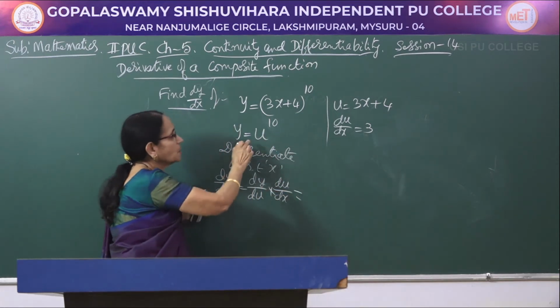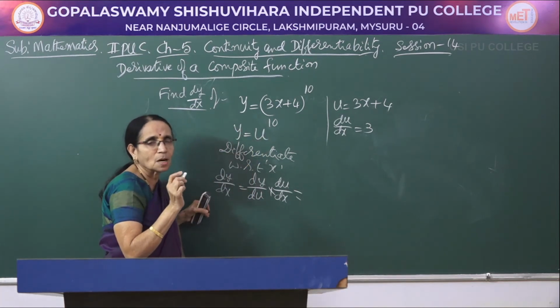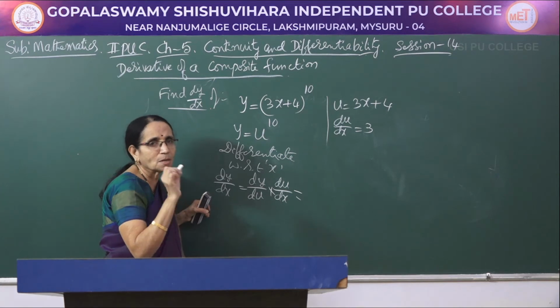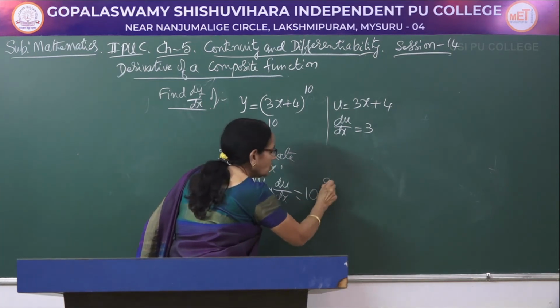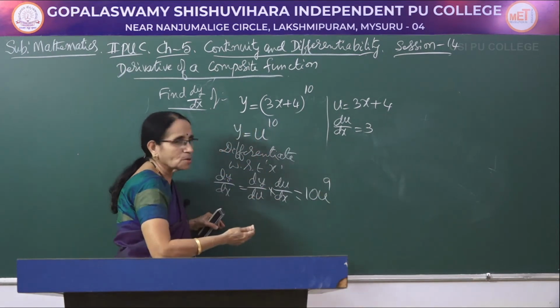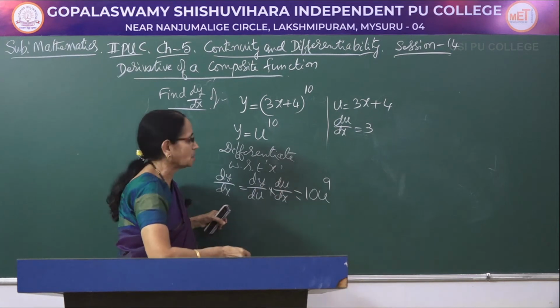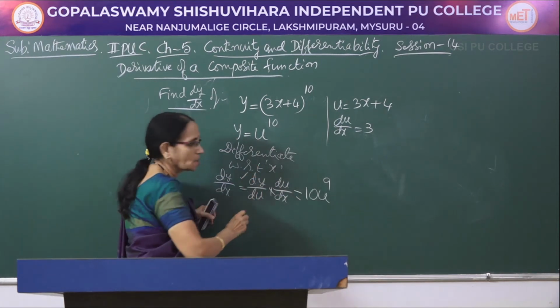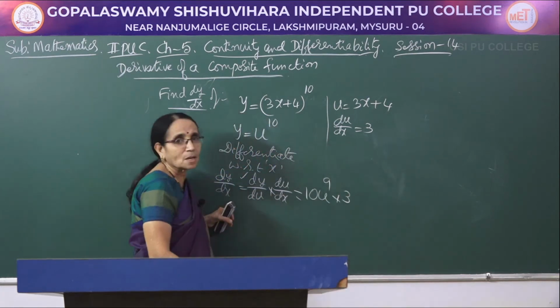Now, dy by du is of the form x to the power 10. What is the formula? 10 into x to the power 10 minus 1, that is 10 into u to the power 9, because it is a positive integer, directly you can write. Otherwise, you can write 10 minus 1 like that. So, this part is over, correct? Now, du by dx we have already calculated, that is 3.